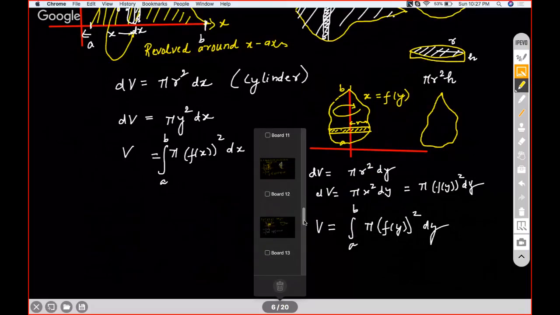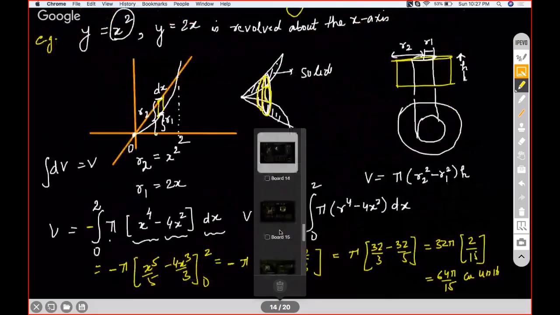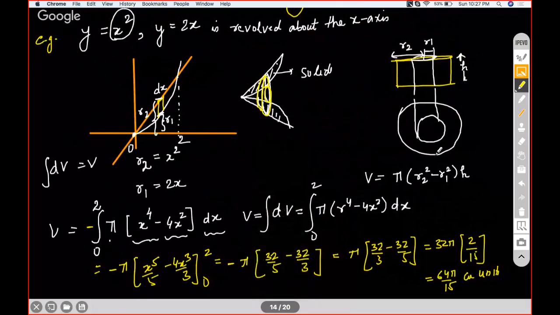Board 12. Yeah, that one. Wait. I think a little more down. Yeah, this is the one. So here we took R2 as x square and R1 as 2x because that's what the curves were.